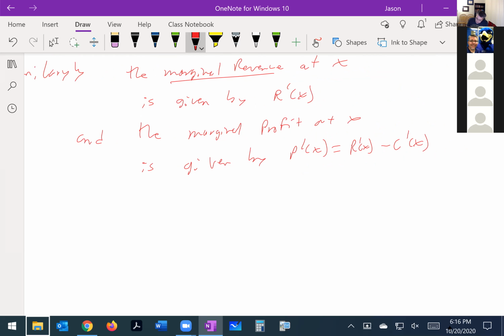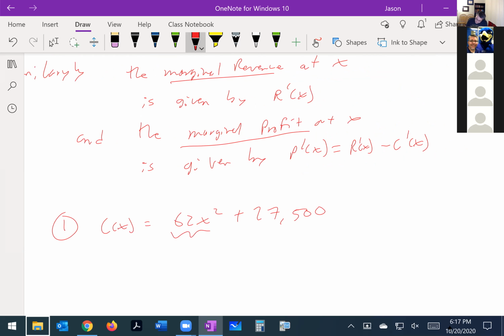Okay, so let's talk about how much it costs to get to the next item. So number one, the cost function c of x is 62x squared plus 27,500.